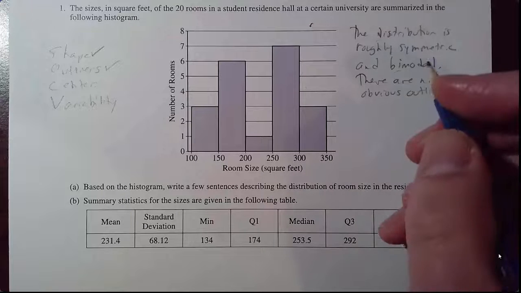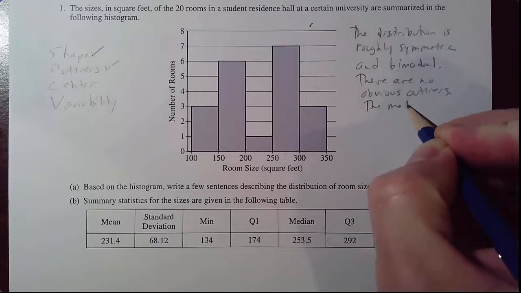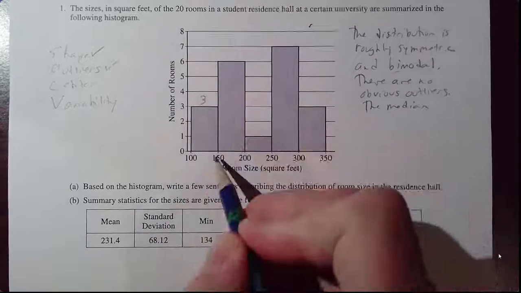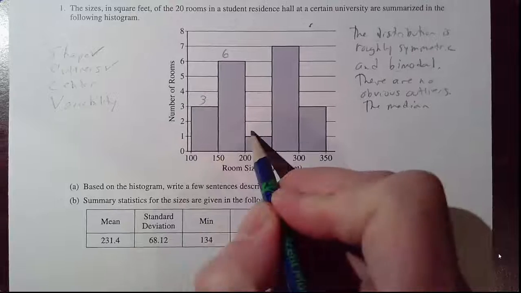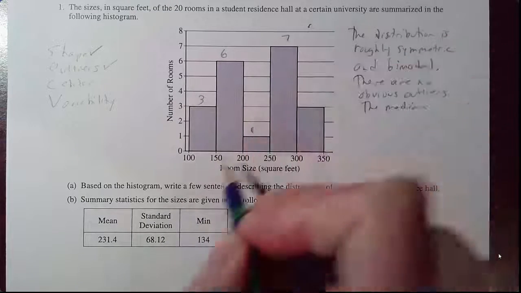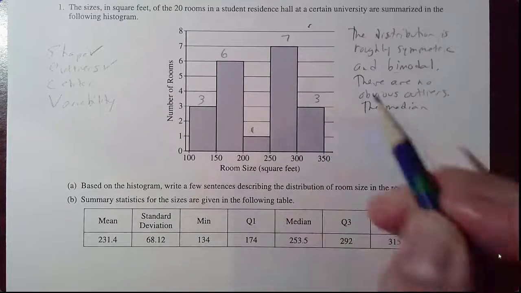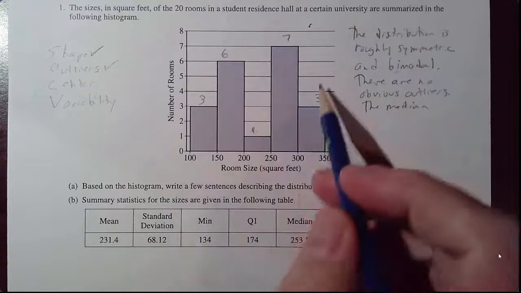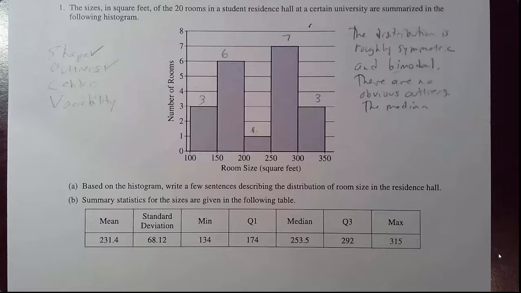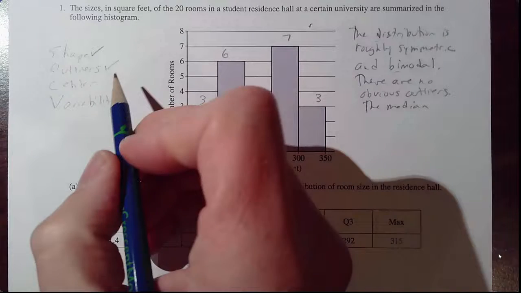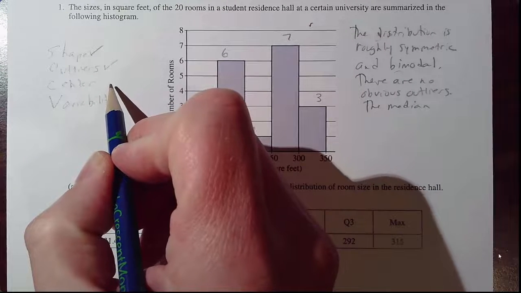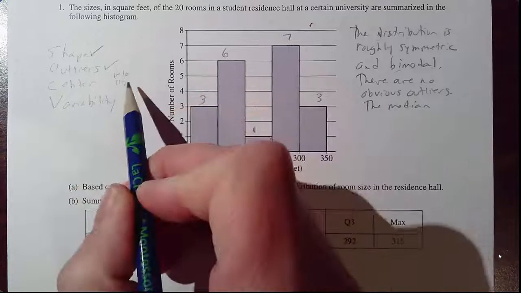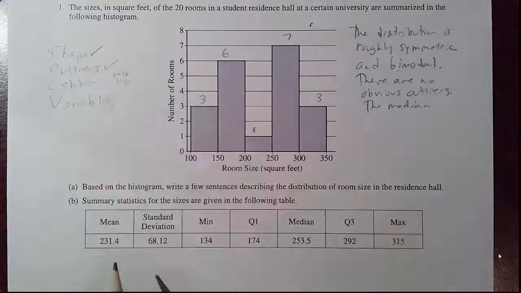So we can say the median, I guess we can get this sort of exactly here. Let's see, there's 3 of these, there's 6 of these, there's 1 of these, there's 7 of these, and there's 3 of these. So if I add all these up, there's 20 total data points. So the median would be, let's see, 1 through 10 and 11 through 20. The median would be the average of the 10th and the 11th.